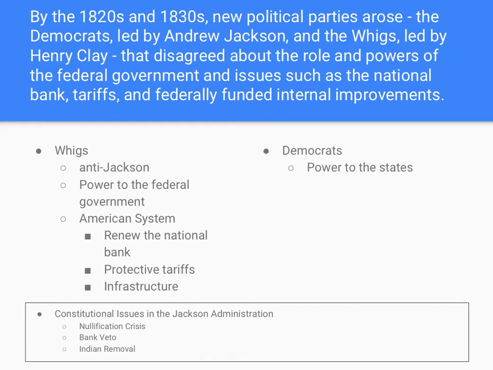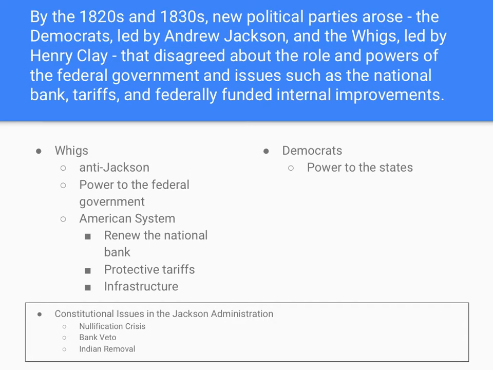Ultimately, the Democrats would achieve greater power in government. With the election of Andrew Jackson, the Democrats achieved power within the executive branch of government. And we're going to see some constitutional conflicts in the Jackson administration.